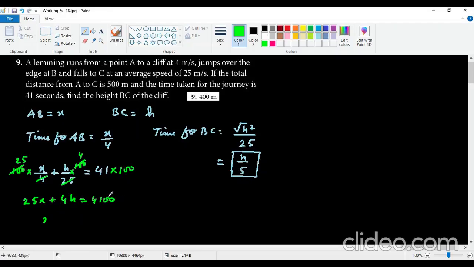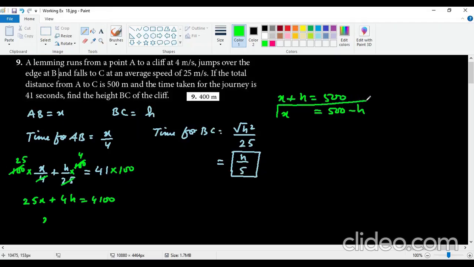So dividing everything by 4, what we'll get is, in here if you see, it is 500 minus h. If you notice here, h plus x equals 500. So the value of x is going to be equal to 500 minus h. This is the value of x.